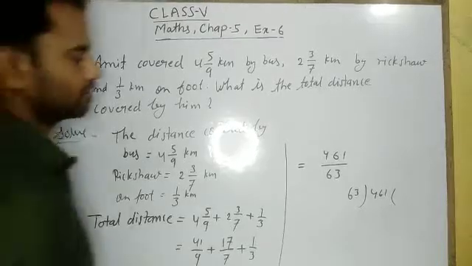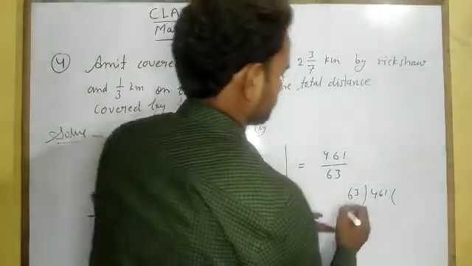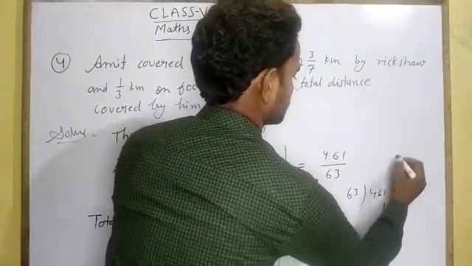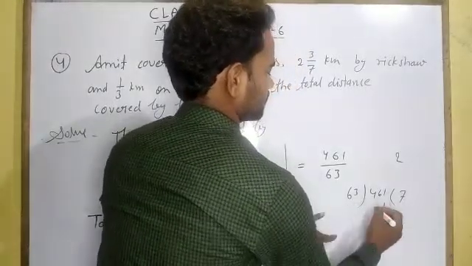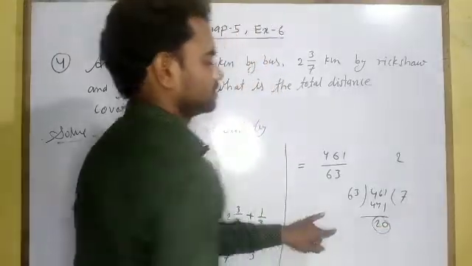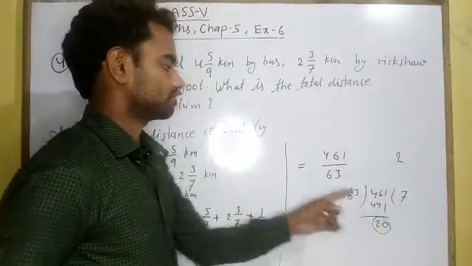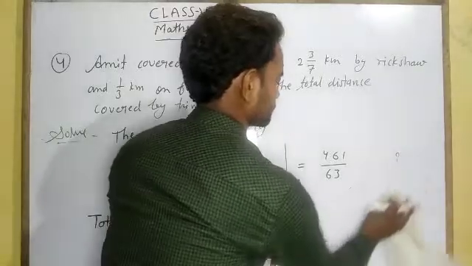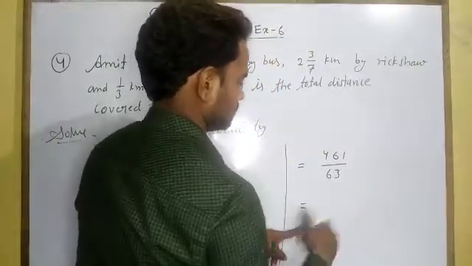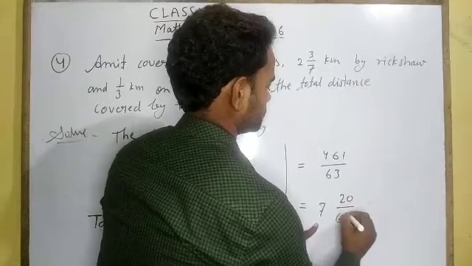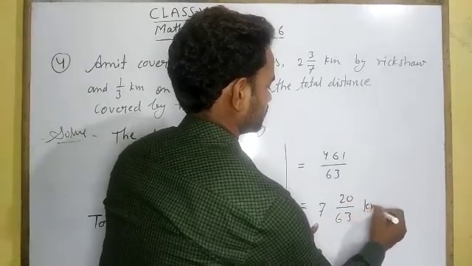So it will be divided perhaps 7 times. 7 times 3 is 21, carry 2, 7 times 6 is 42 and 2 is 44, leaving 20, meaning 7 whole 20 upon 63 kilometer.